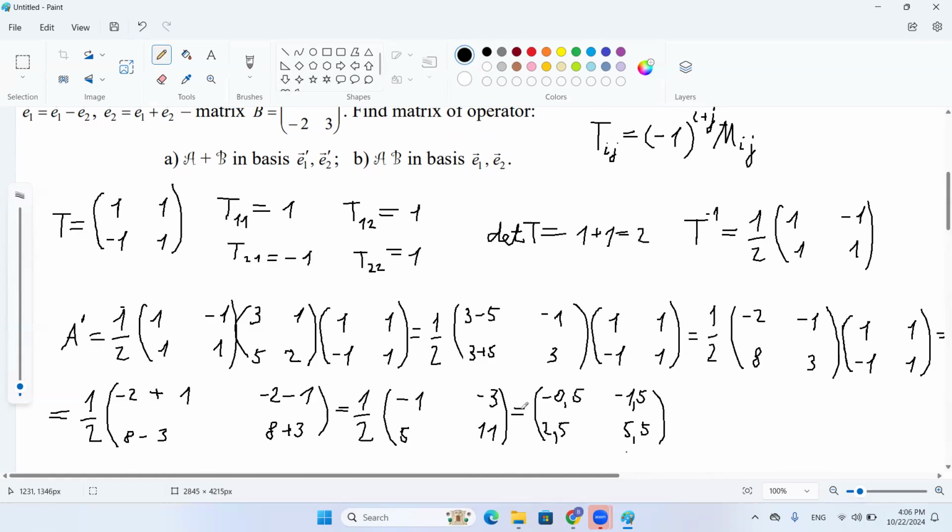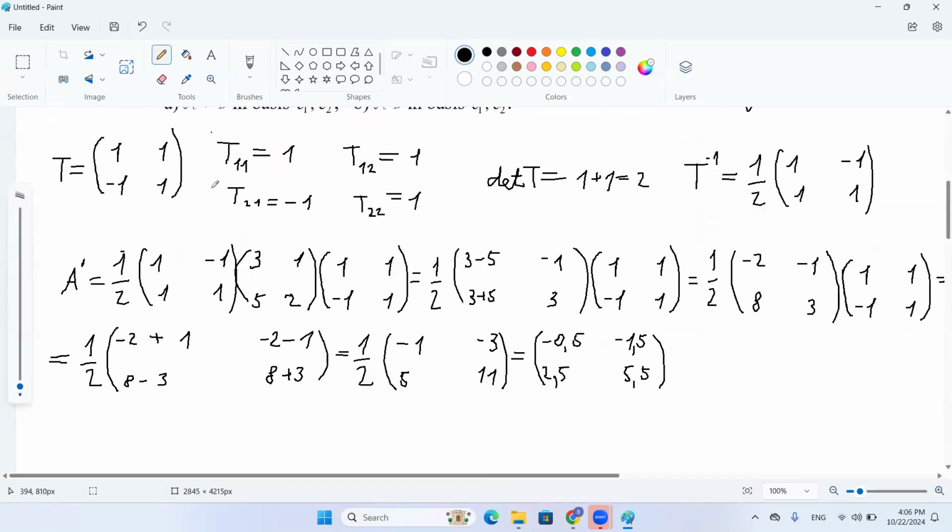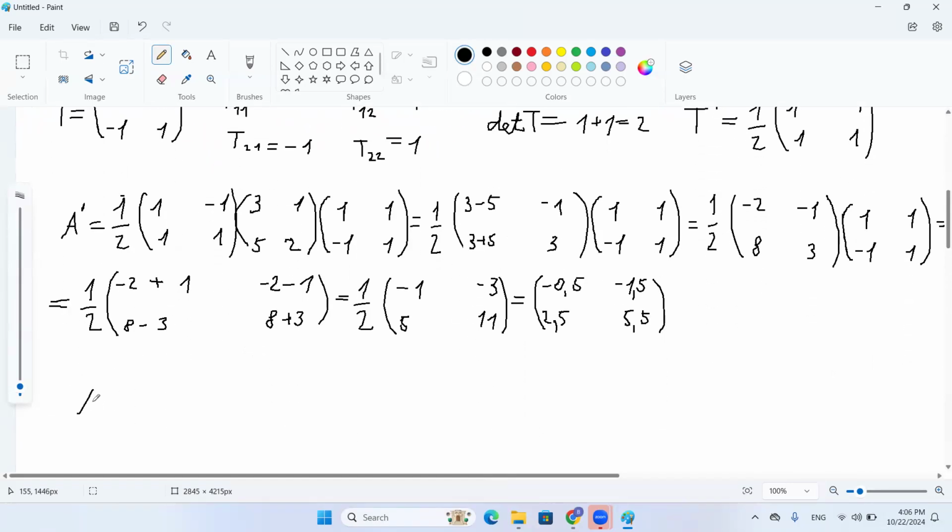And it is not the final answer, of course. So the final task, what we need to do, is to add these operators. So don't forget about it. Yeah, I know that sometimes students think that that's all, but I need to do one simple calculation.